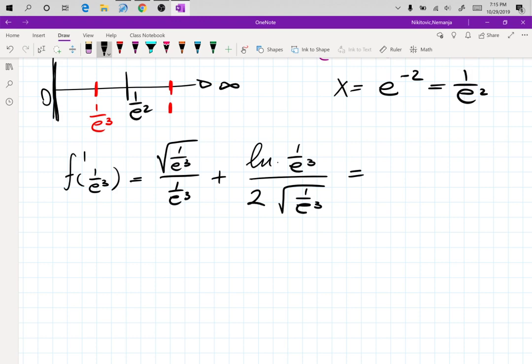So, what do I have? For the first one, I have this e go up, this one go down. So it's going to be e cubed divided by square root of e cubed. Okay.